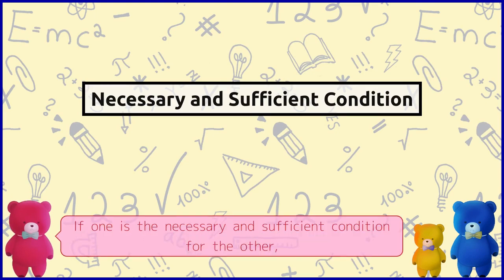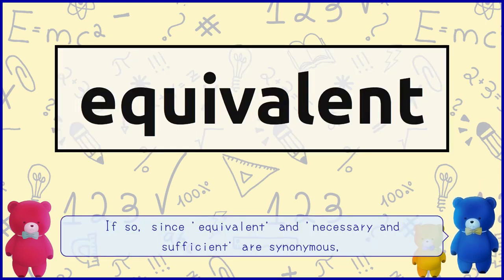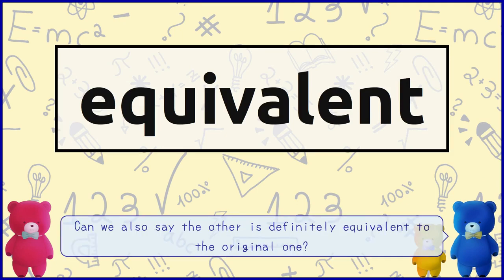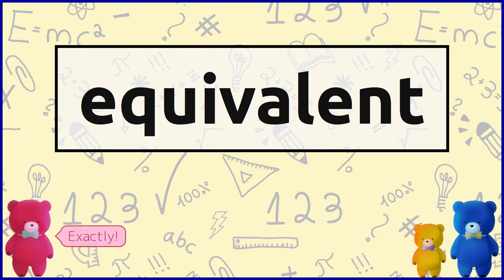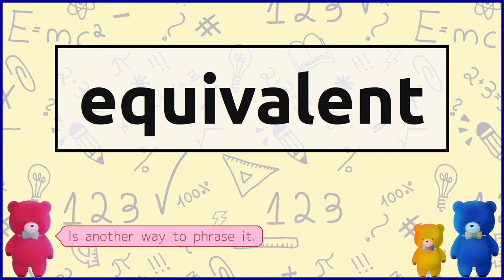If one is the necessary and sufficient condition for the other, the other is definitely the necessary and sufficient condition for the original one. If so, since equivalent and necessary and sufficient are synonymous, if one is equivalent to the other, can we also say the other is definitely equivalent to the original one? Exactly. They are mutually equivalent, or mutually necessary and sufficient, is another way to phrase it.